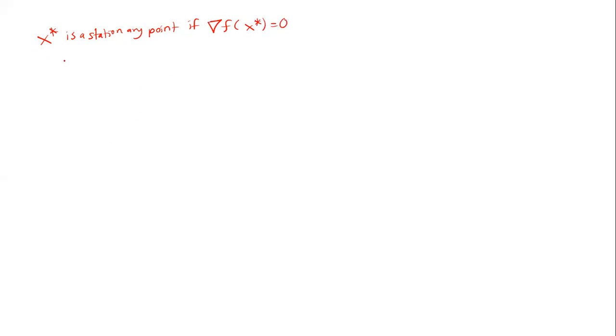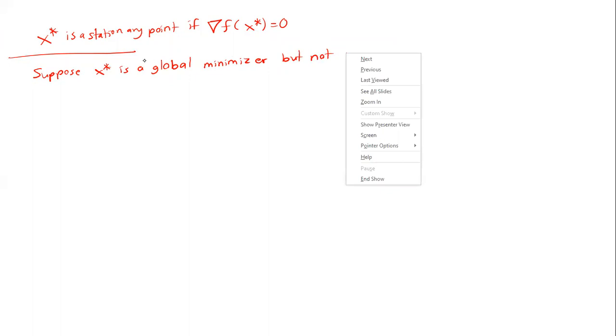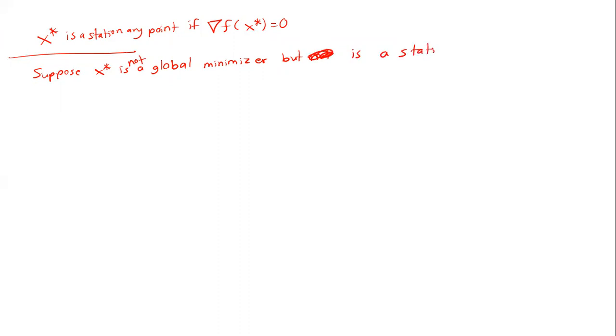And so this is also going to go by contradiction. So here we're going to say, suppose x star is a global minimizer but not a stationary point. Oh, sorry, I have this wrong. Suppose x star is not a global minimizer, but is a stationary point.